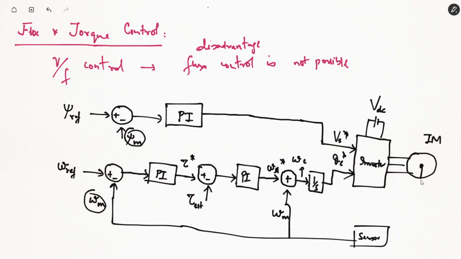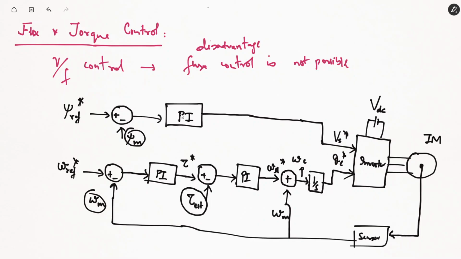Using a tacho generator, we can sense the speed, and we can also use an estimator to calculate the measured value of torque. Similarly, using a flux sensor, we can measure the value of flux. Compare it with the reference value.